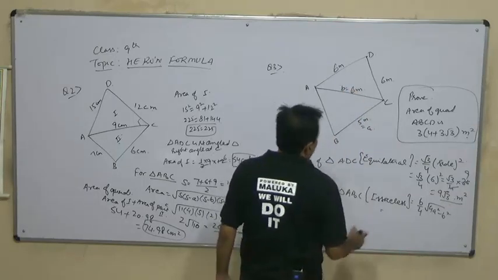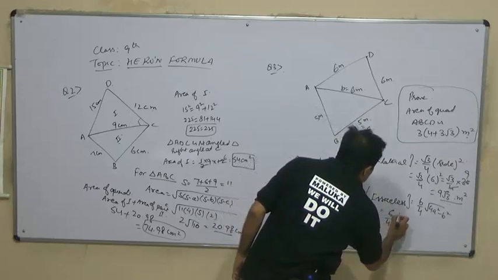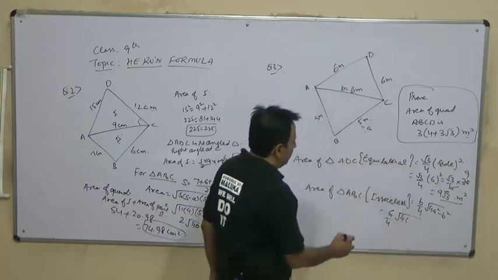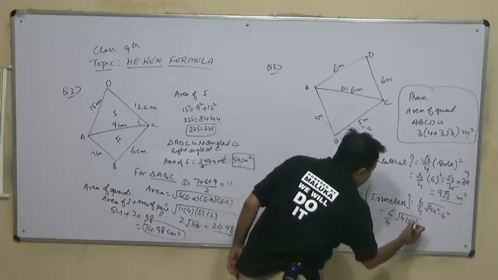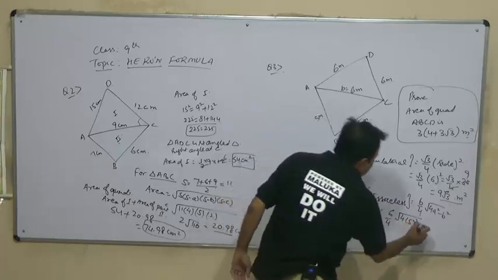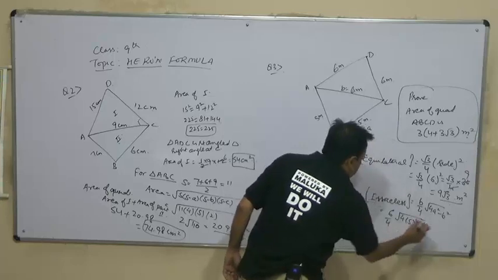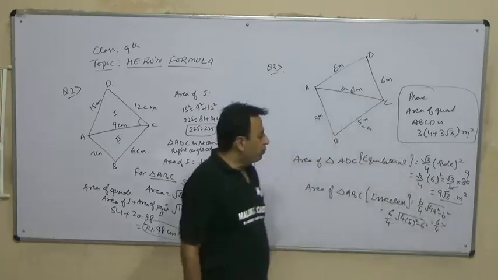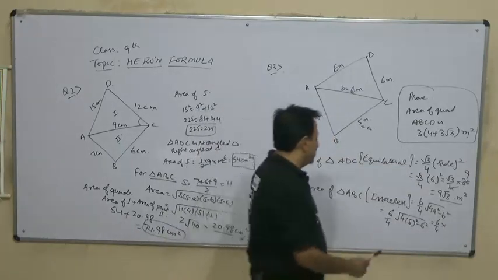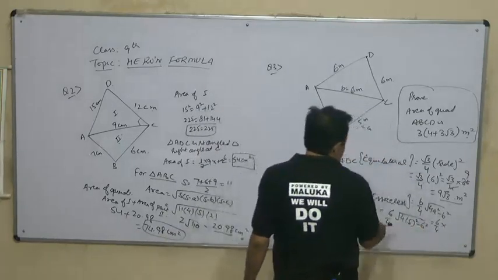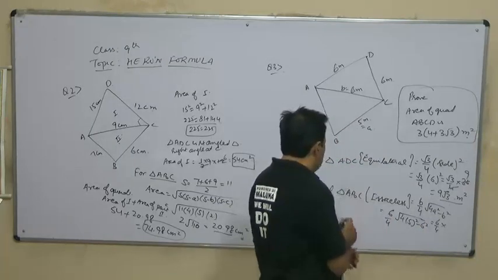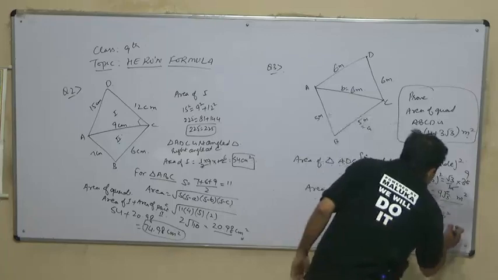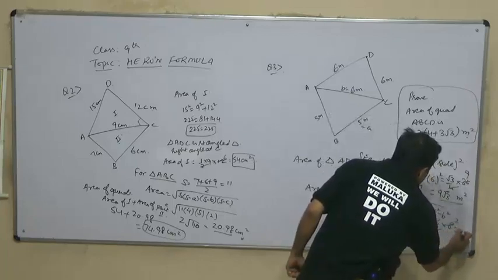Now this will be b upon 4, that is 6 by 4, under root 4 into a square minus b square. A is 5, the equal side. So this will be 6 by 4 into 100 minus 36, which is 64. And what is the root of 64? 8. So this comes out to be 12.